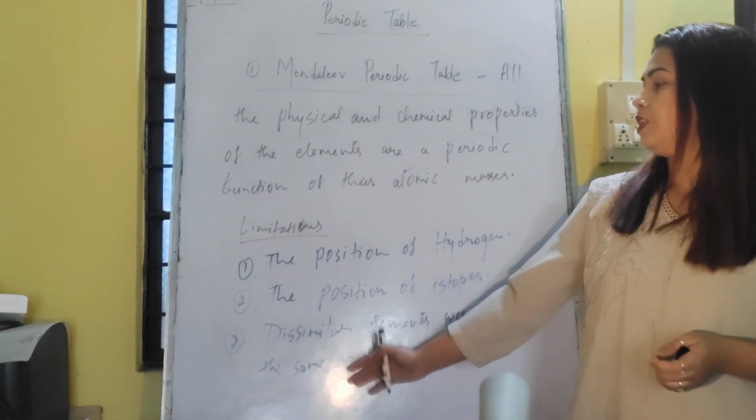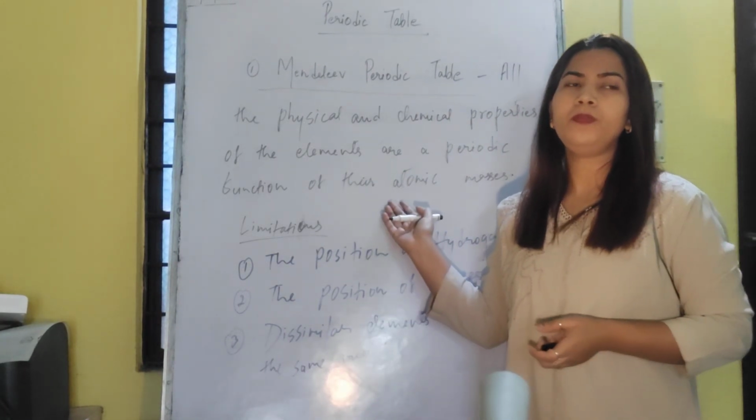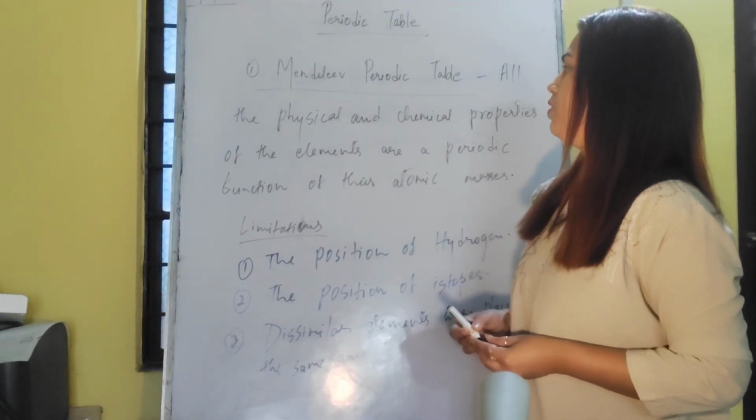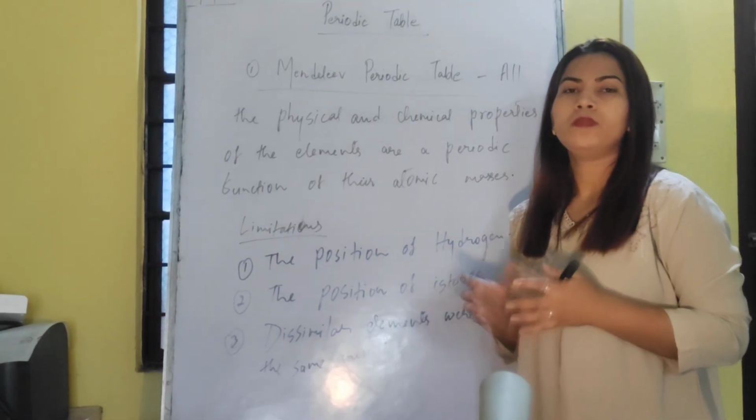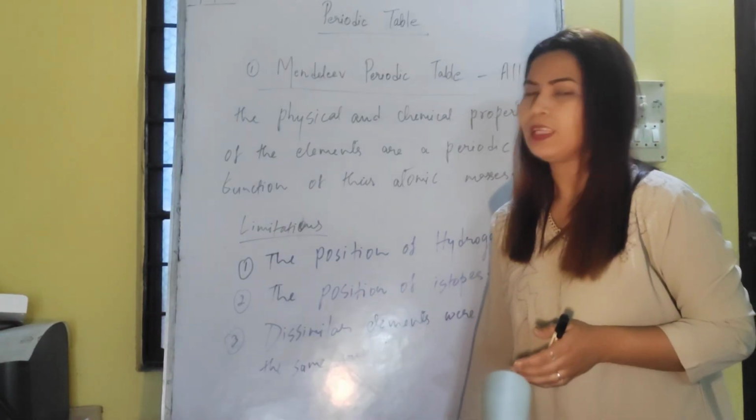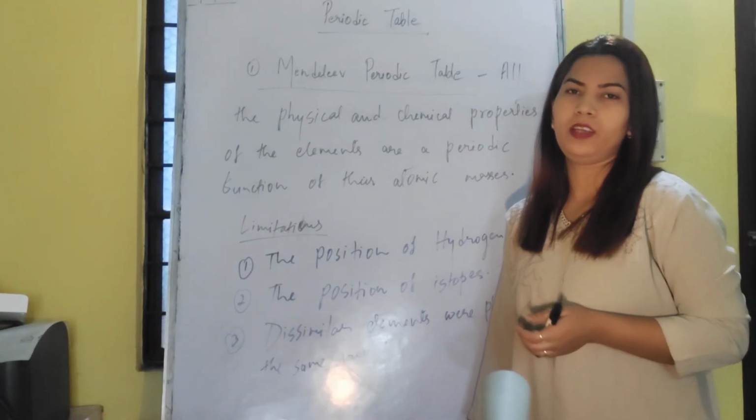So these are the few limitations of Mendeleev periodic table. So later on this table was not accepted and a new table came, which is known as modern periodic table. That table was given by Henry Moseley.